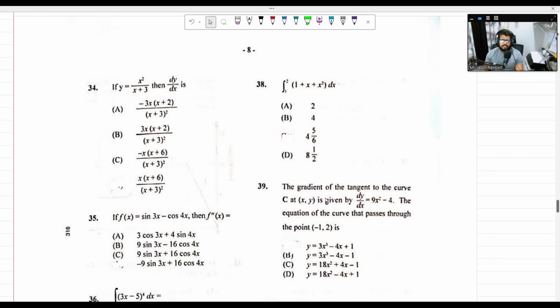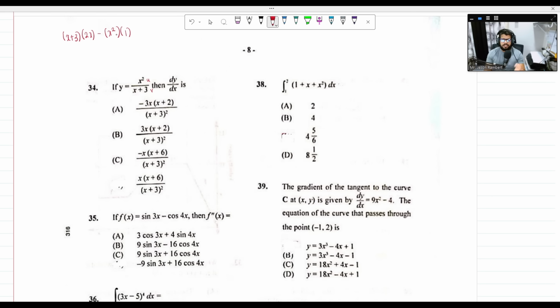If y is that, then dy dx is so by so. Now, for the quotient rule questions, you're going to realize something most of the time. Hopefully, we realize it. All the denominators are the same thing. X plus 3 squared, x plus 3 squared. So all I'm going to do, I'm going to try and figure out what the numerator is. This is U, this is V. V by du dx minus U by dv dx.